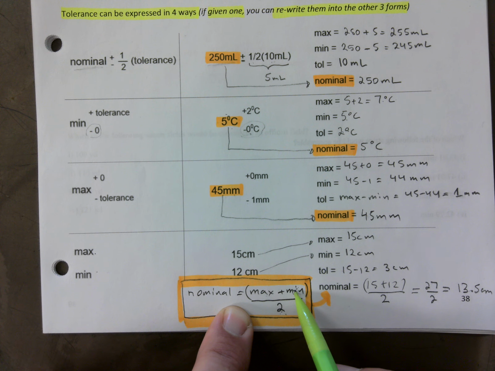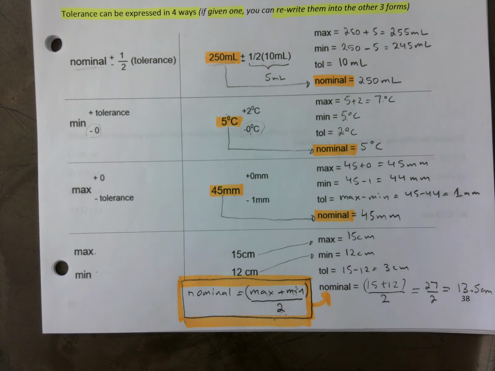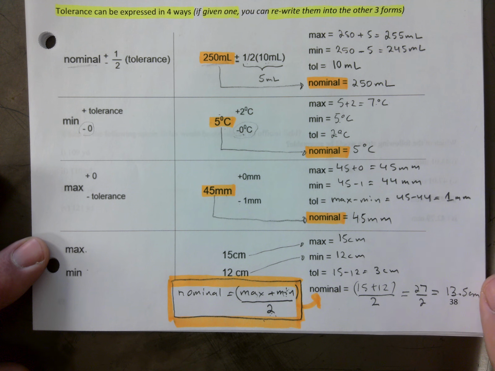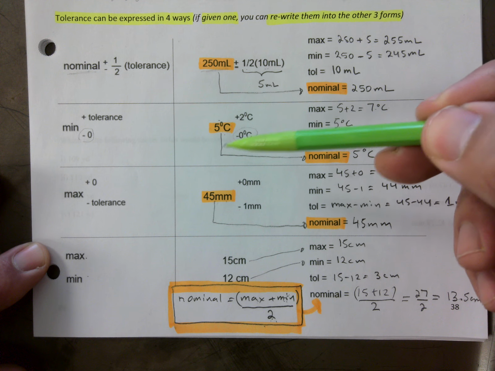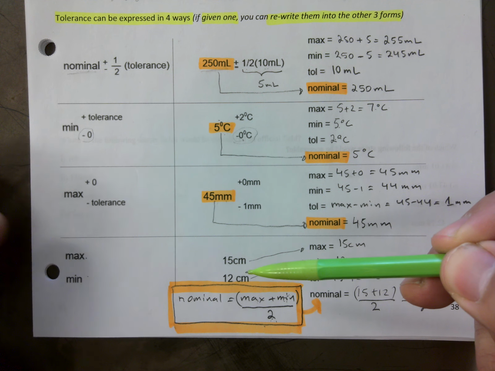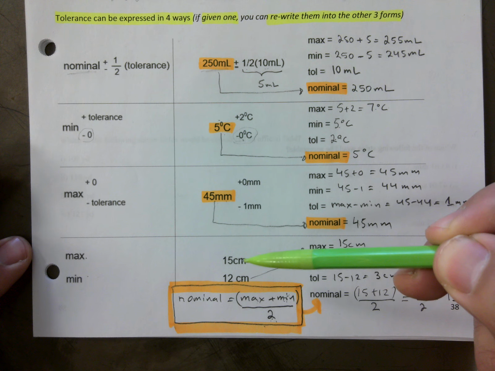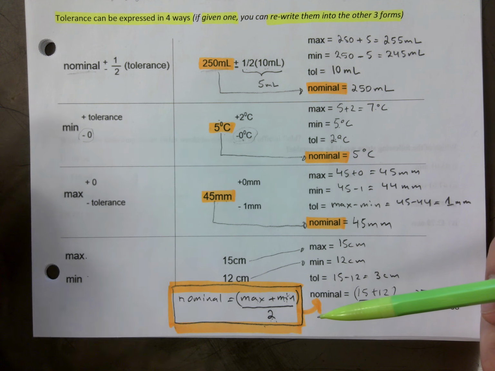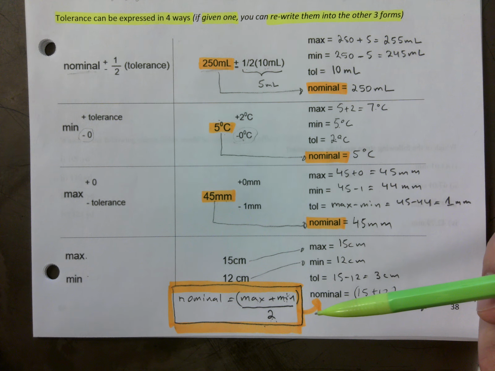So add first, hit equals, then divide. That's always the case. No matter what you do after school, that's always going to be the case. Okay, you got it? So big number up front, boom, that's our nominal. Guaranteed. No big number, not one single number, then you need to add and divide by 2 to get the nominal. Okay, that's point number 1 that I'm trying to make today.